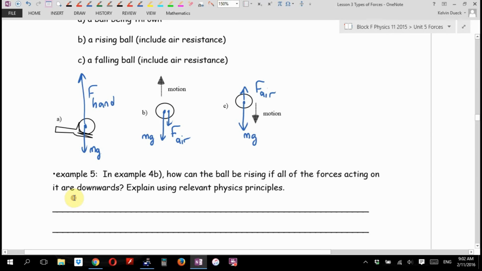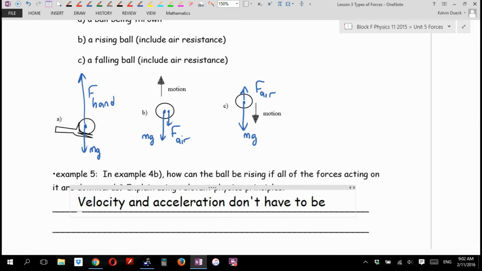I would just say this. Velocity, acceleration don't have to be in the same direction. Now, if you accelerate for a long time, eventually your acceleration and your velocity will end up being in the same direction. In other words, ready, Connor?